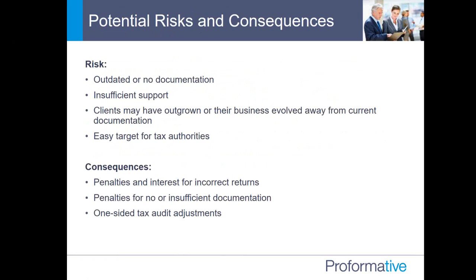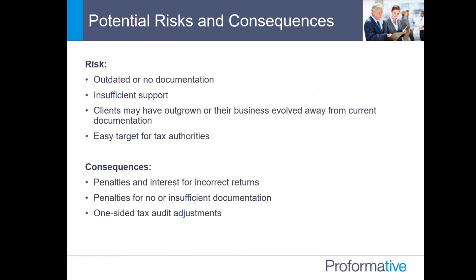And therefore, tax authorities may see smaller businesses as an easier target. They can go in and make a higher adjustment with less pushback. So it's important to be able to demonstrate from the start that your prices are reasonable.